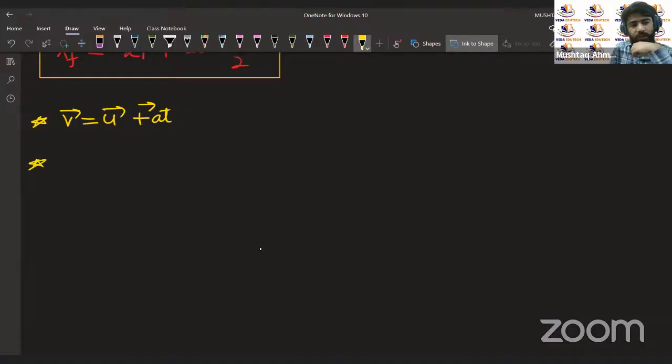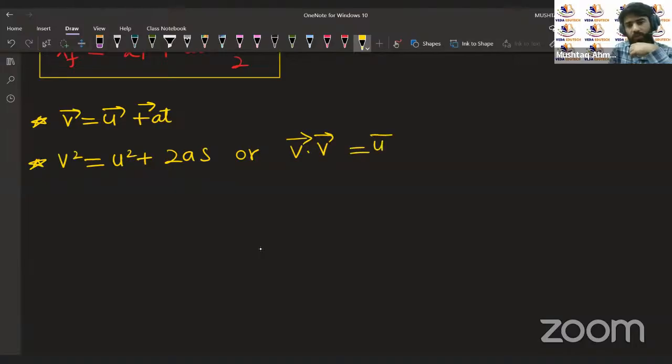The second equation was v square equals u square plus 2as, or we can say it as v vector dot v vector equals u vector dot u vector plus 2a dot s.